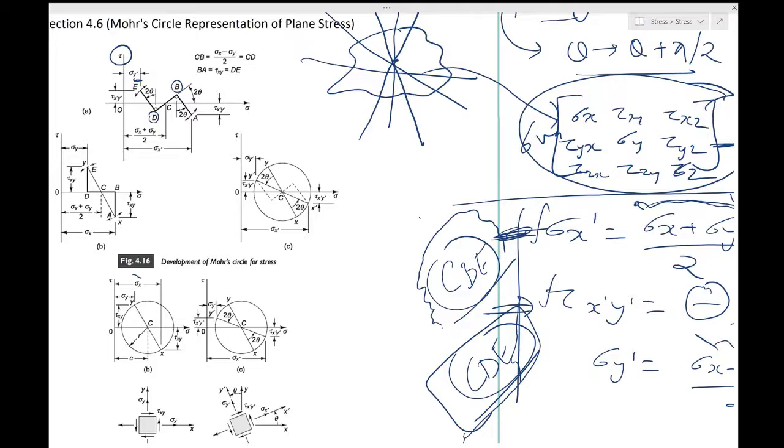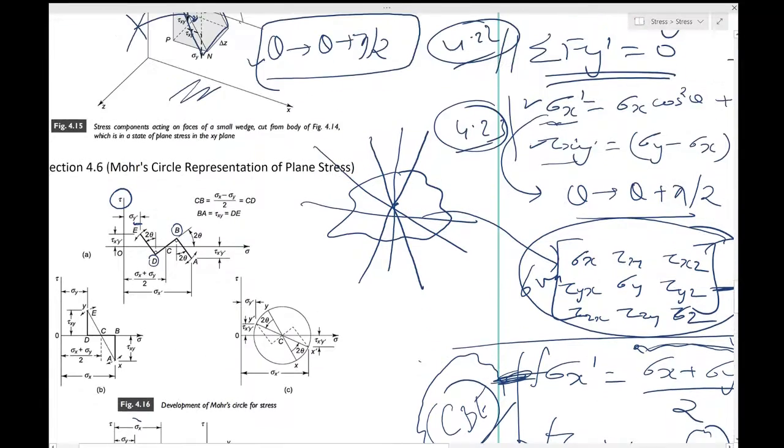Only its orientation depends on the angle theta of figure 4.15.